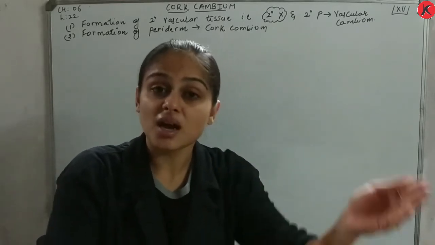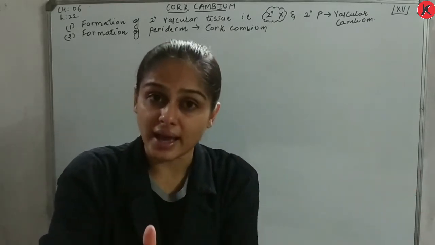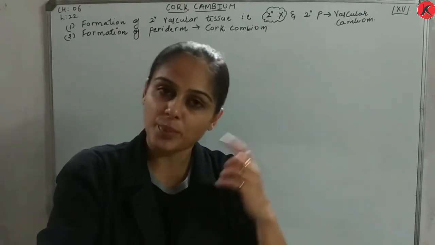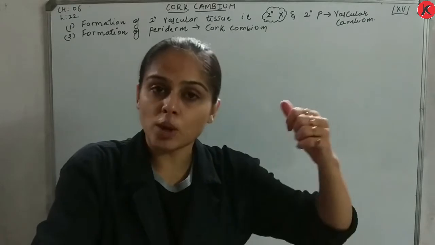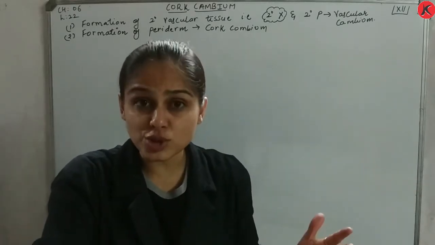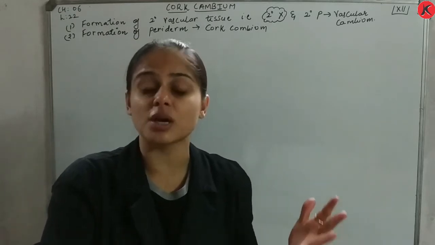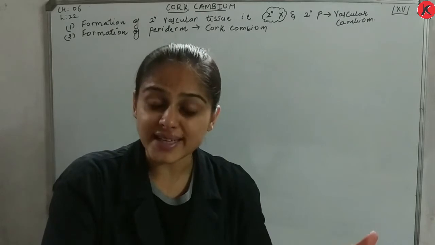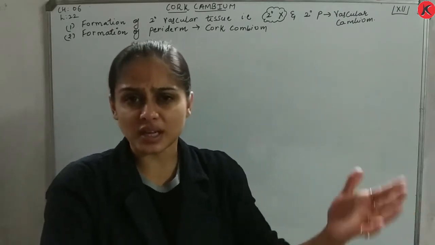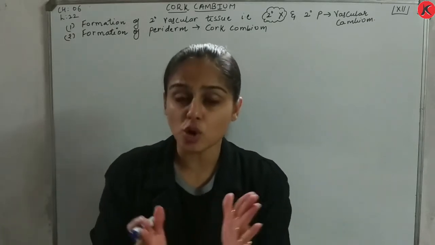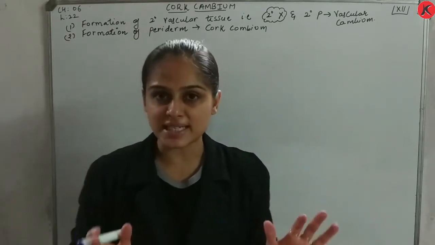When new cells keep coming, what is going to happen? Pressure will increase. When pressure increased, the primary phloem and secondary phloem are gone; outside that, what is there? The ground tissue system. We are having endodermis, we are having cortex, we are having epidermis. These are also going to rupture, are also going to break. Are you getting my point?